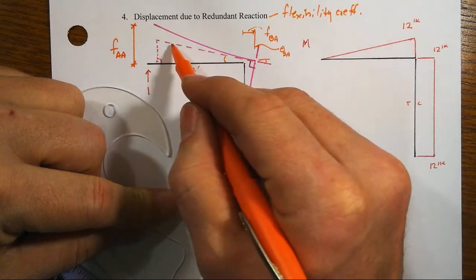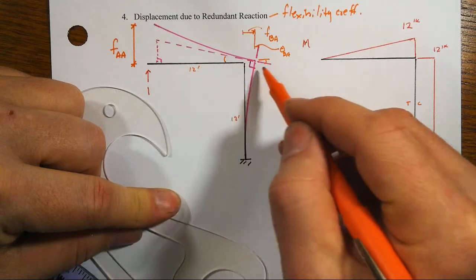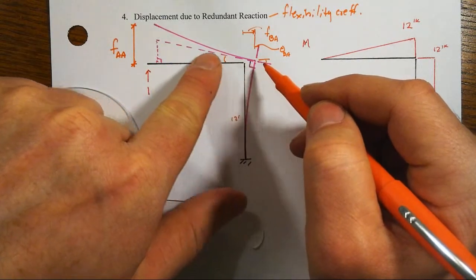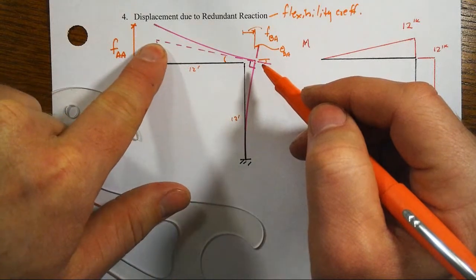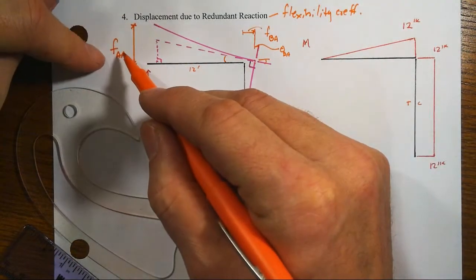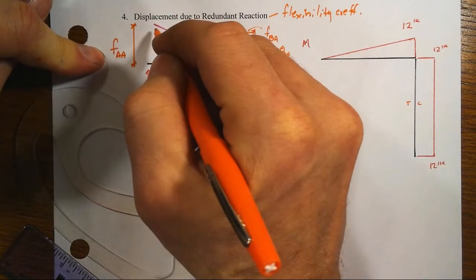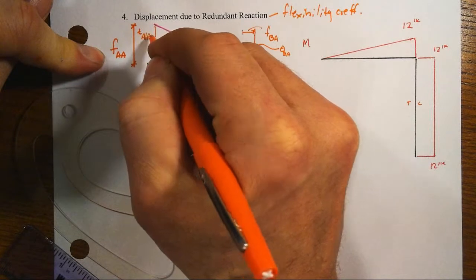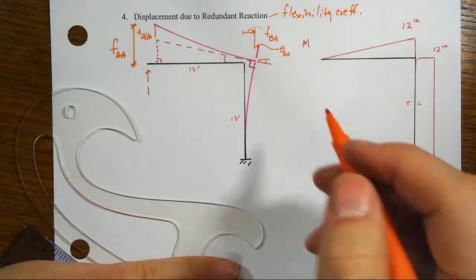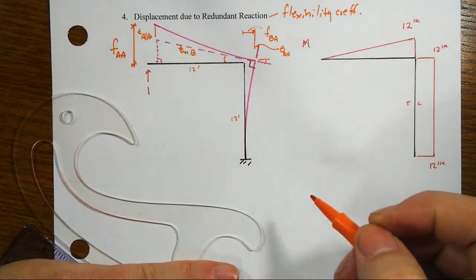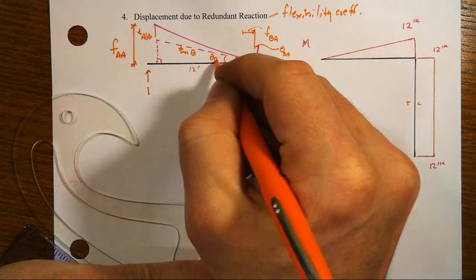This dashed line right here is the tangent at B for the beam extending all the way over, and that's going to tell us something pretty important about this component of FAA. The rest of this is the tangential deviation at A with respect to the tangent drawn back at B, that tangent being right there, and this being your theta B.